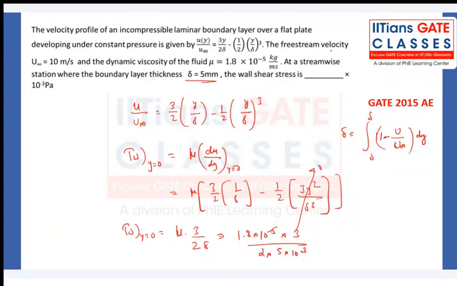Now, what is the exact value? First of all, tell me the exact value. 1.85 into 10 power minus 5 into 3 divided by 2 into 5 into 10 power minus 3. So I am getting 5.4 into 10 power minus 3. So 5.4 will be the answer.